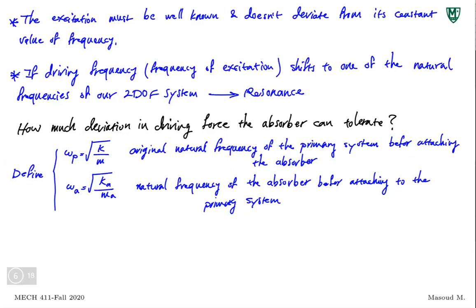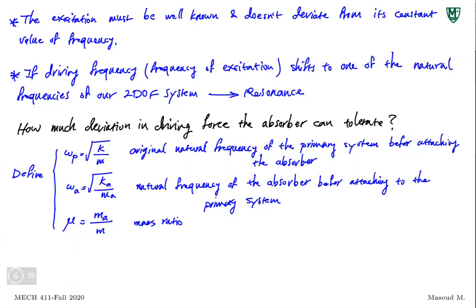And the last thing I'll define is mu. This is just the mass ratio, Ma over M. There's no unit. It is the mass of the absorber over the mass of the primary system.